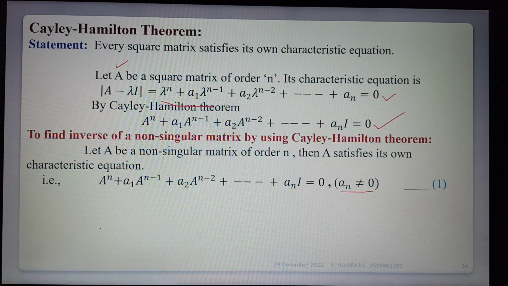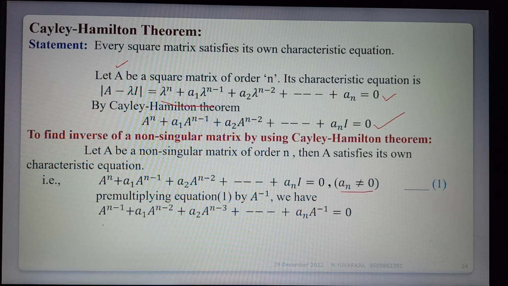Now multiplying equation 1 by A inverse on both sides, we get A^(n-1) + A1 A^(n-2) + A2 A^(n-3) + ... + An A^(-1)... that is, An times A inverse. After multiplying by A inverse we get this equation.